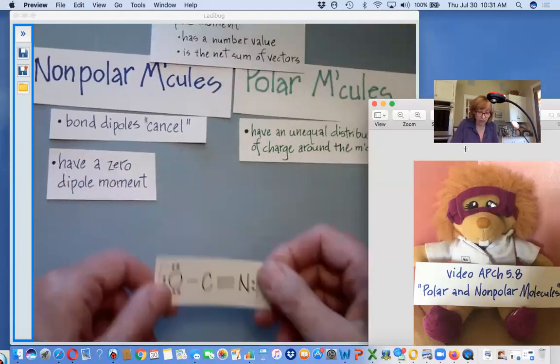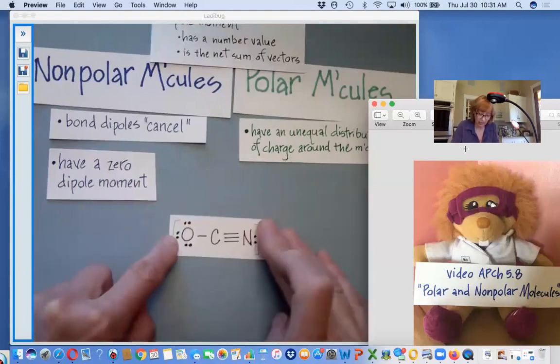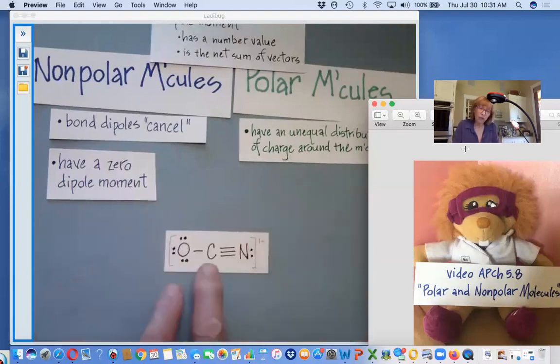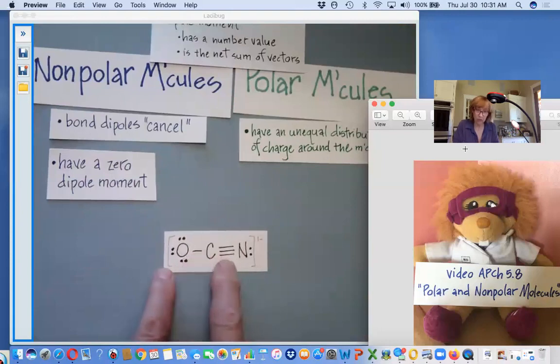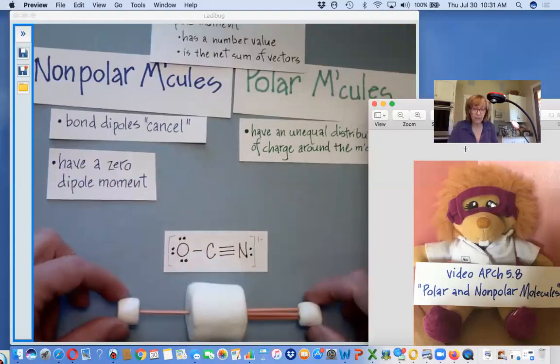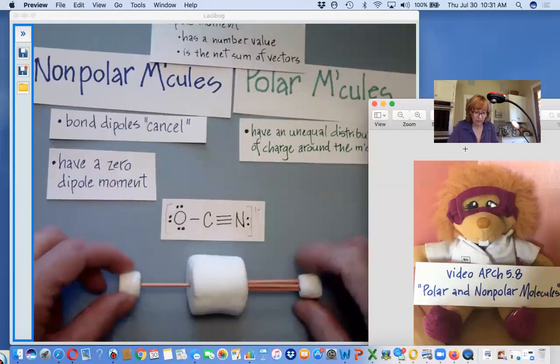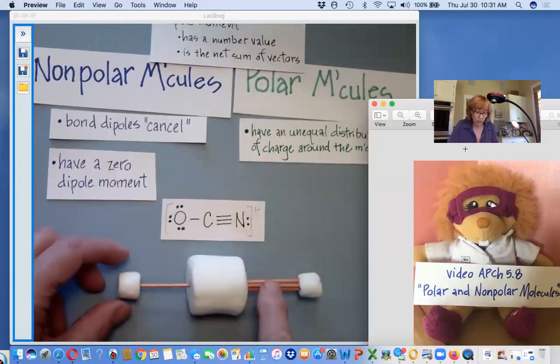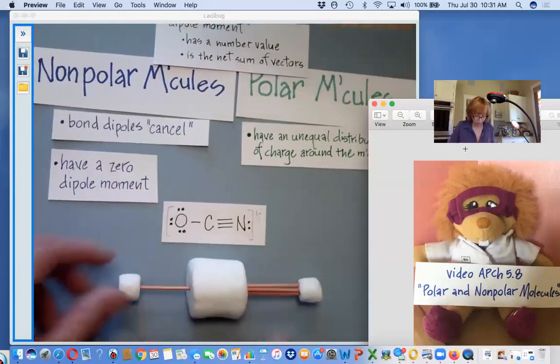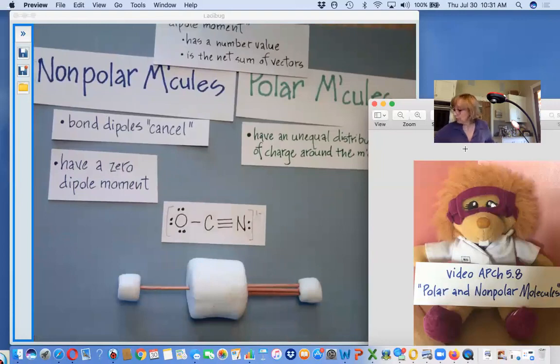This is actually a polyatomic ion. This is thiocyanate. It again has carbon in the middle and two electron domains. So it's another linear geometry, this time a single and a triple, but these are each an electron domain. But what's different here is that the bond dipoles are not identical.